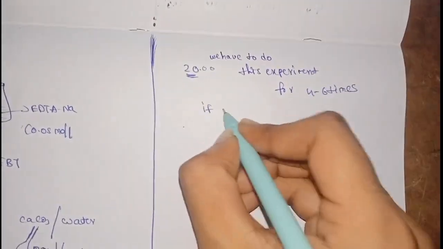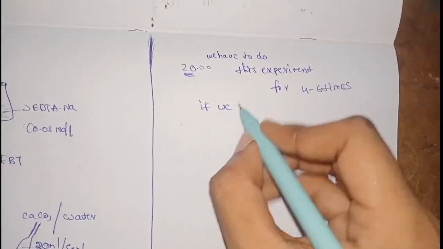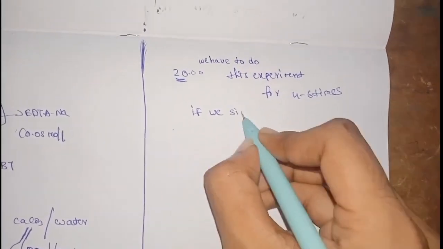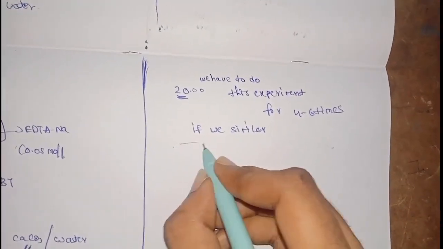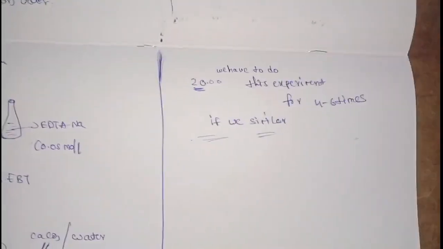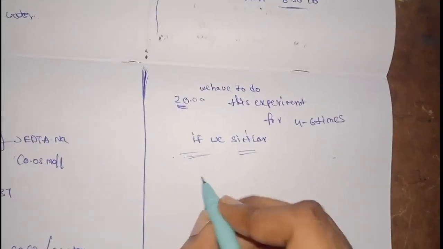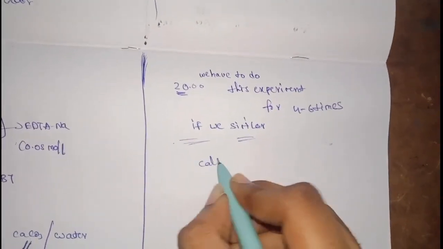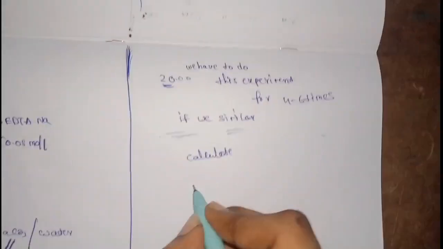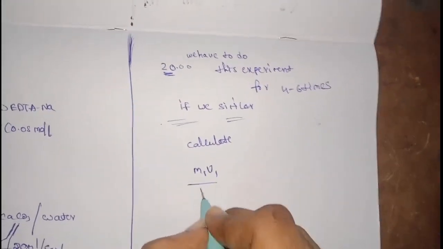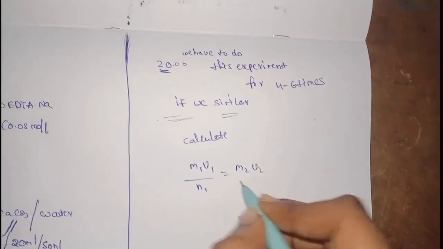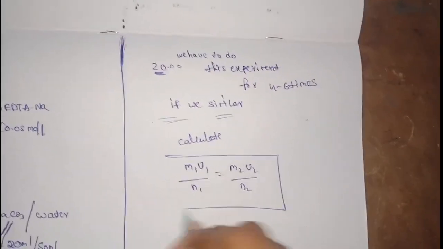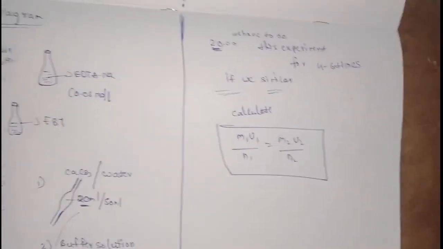If we get similar values 3 or 4 times, we take that value and calculate using this formula: M1V1/N1 = M2V2/N2.